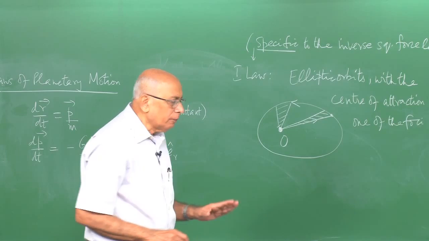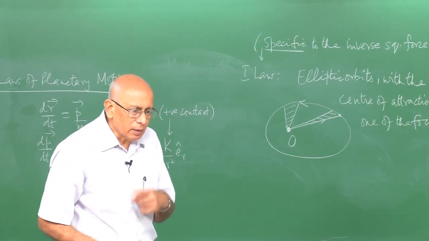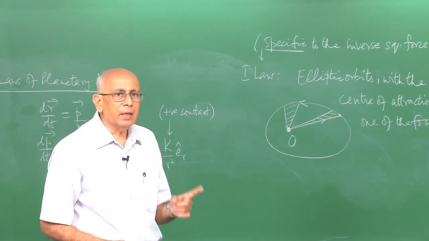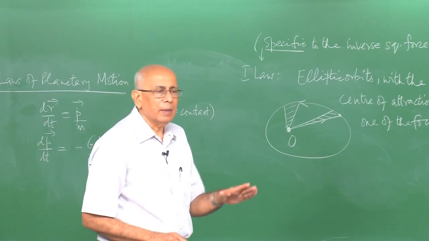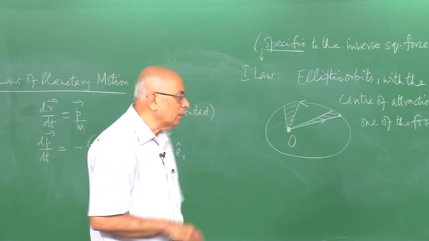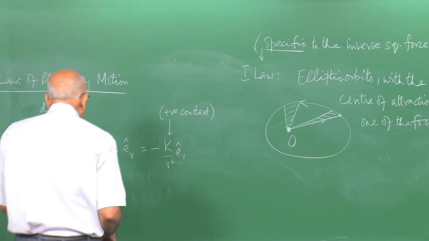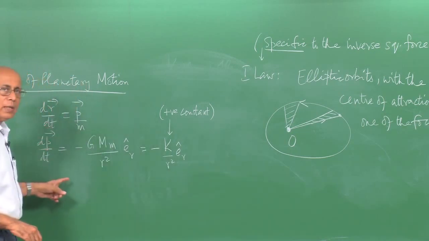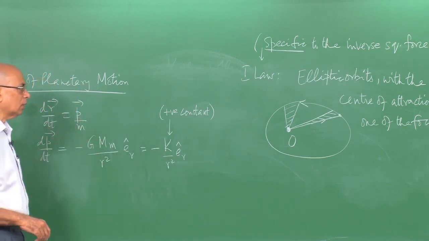Well, first of all, the moment I say that this orbit is an ellipse, it is clear that the orbit is planar. It is not a 3-dimensional curve, but a planar curve. Why is that? Because it is a central force and there is no net torque on this particle.